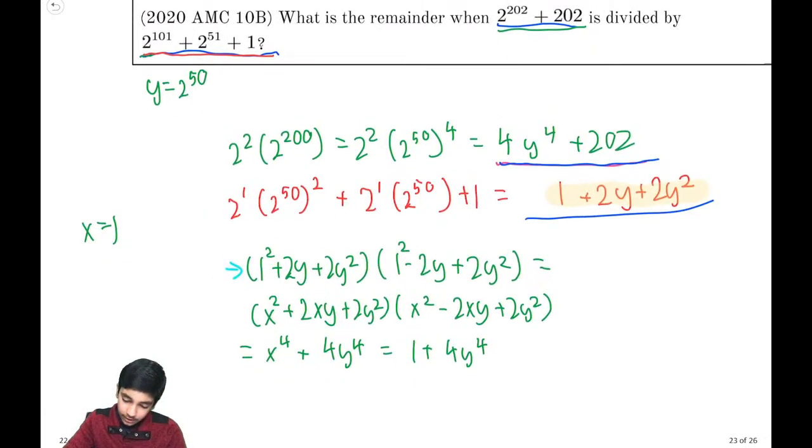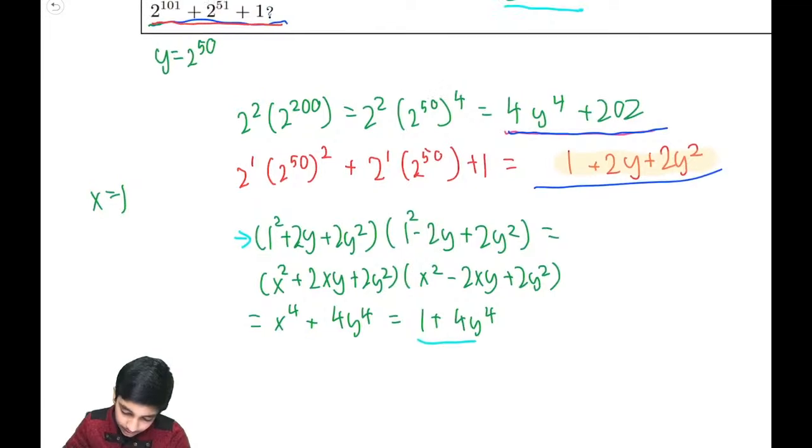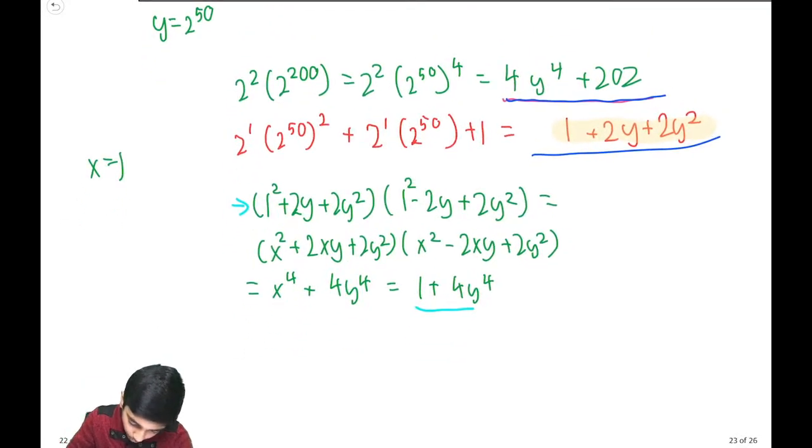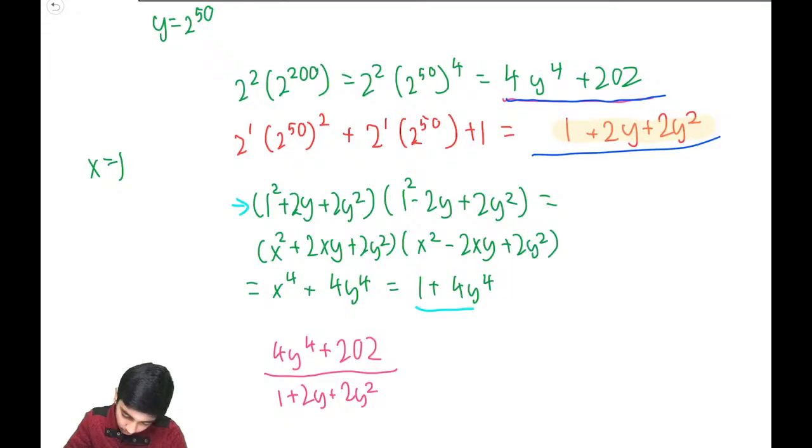Then when you divide this quantity here, 4y to the 4th plus 202, by this expression, well, clearly when you divide that by 1 plus 2y plus 2y squared, we know that 4y to the 4th plus 1 evenly divides by 1 plus 2y plus 2y squared by Sophie Germain's identity.